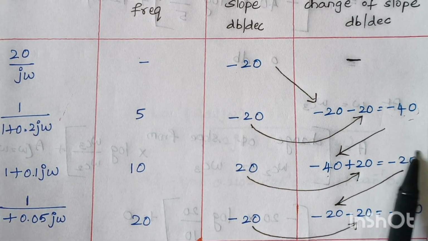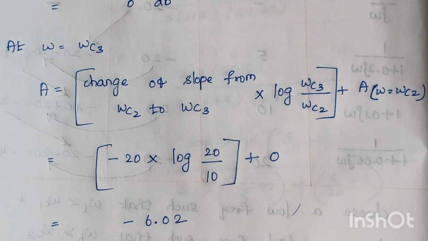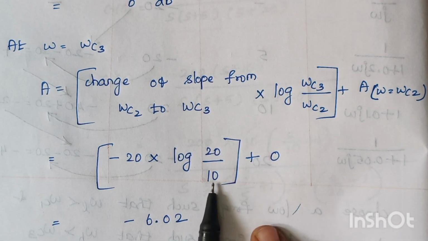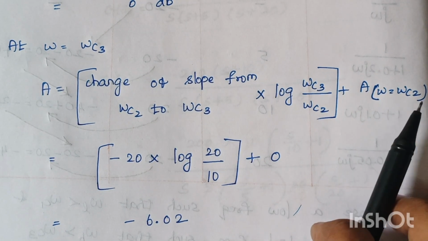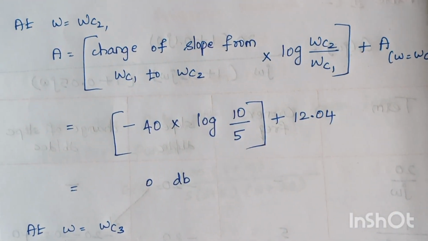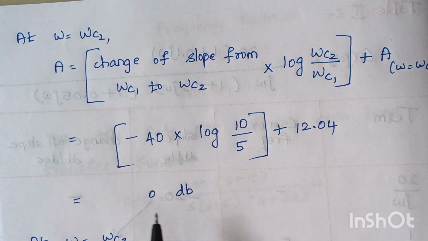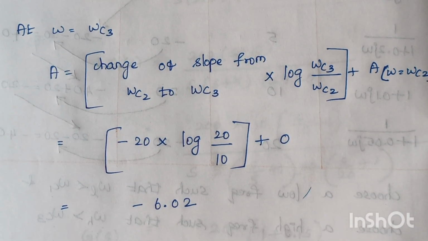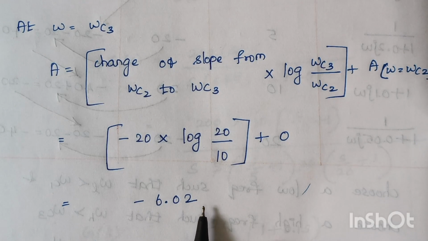You see this minus 20 is given here. So minus 20 into log of omega C3 which is 20 and omega C2 which is 10, right? Plus the value of A when omega equal to omega C2. It is just our previous value. You see at omega equal to omega C2, the value of A is 0. So just substitute the values here and finally you are getting the answer as minus 6.02, right?